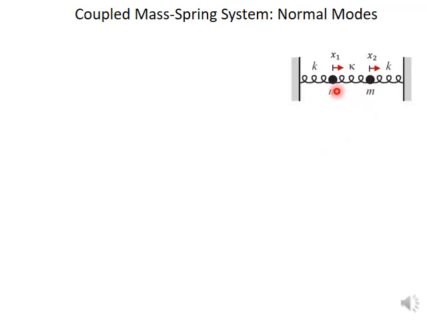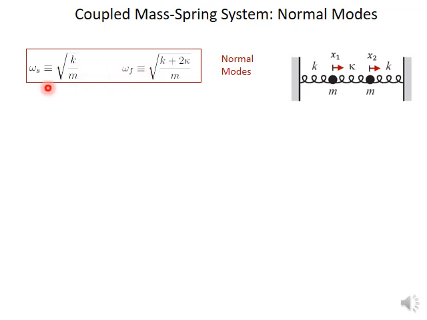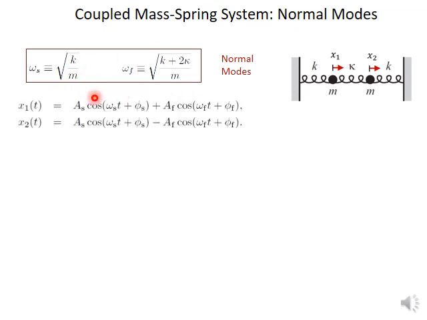So just to summarize, if you have a system of two oscillating masses connected by springs and connected to fixed walls, then such a configuration results in the formation of two normal mode frequencies, which are the collective oscillations of these systems, and you get the general displacement of each mass via such a general description, which includes both the slower frequency normal mode and the faster frequency normal mode.